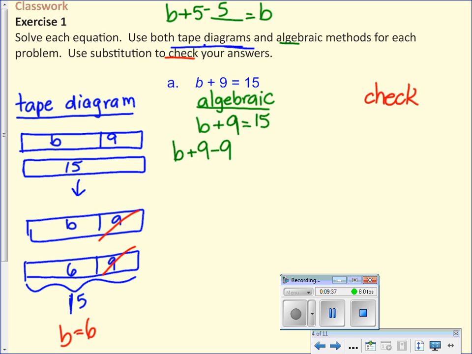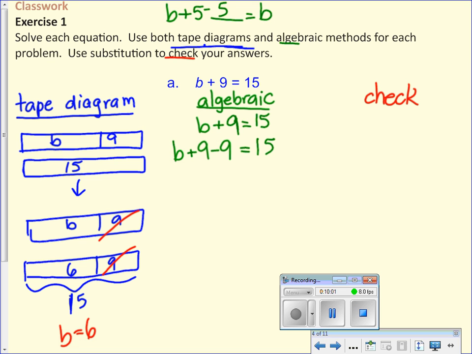But hold on a minute, I have this equal sign. Imagine a scale. If I take 9 off of this side of the scale, are they equal anymore? Or on a seesaw, if you take 9 pounds off of one side of the seesaw, is it equal anymore? No, someone's going to go flying. So what do I have to do to keep these equal?